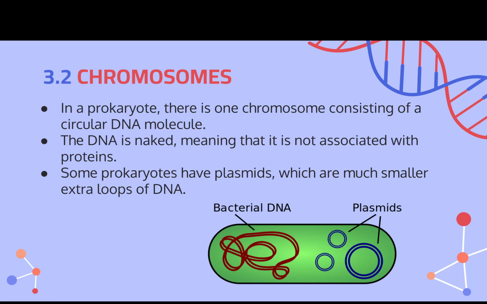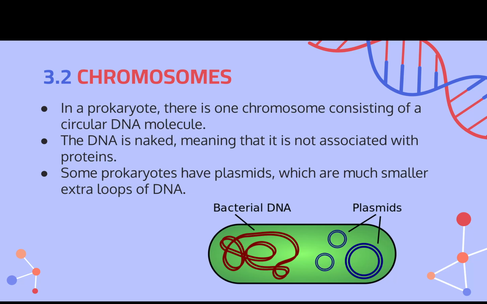The DNA is naked, which means that it is not associated with smaller proteins and it's not in a nucleus-like structure or in any other structure. Some prokaryotes will also have plasmids, which are much smaller, extra loops of DNA, again in a circular shape.